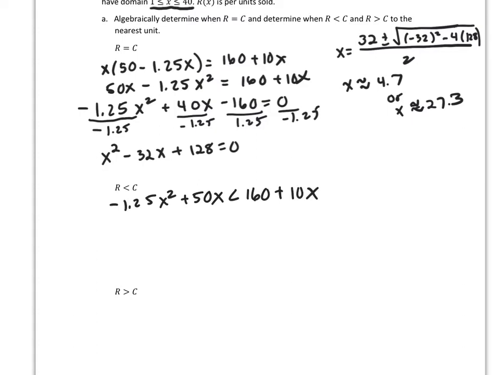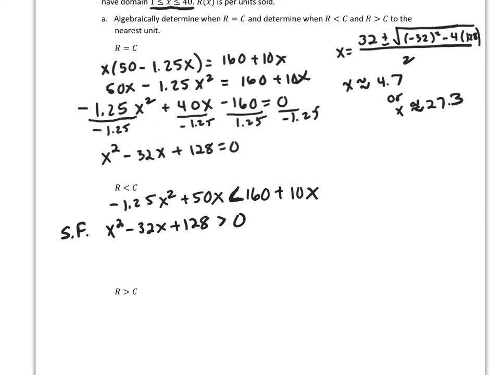And you need to get 0 on the right hand side because we have an inequality, and if you divide everything by negative 1.25, you're going to end up with x squared minus 32x plus 128 is greater than 0, because I've divided everything by negative 1.25. When you divide an inequality by a negative, you have to reverse the symbol. So this is my standard form.